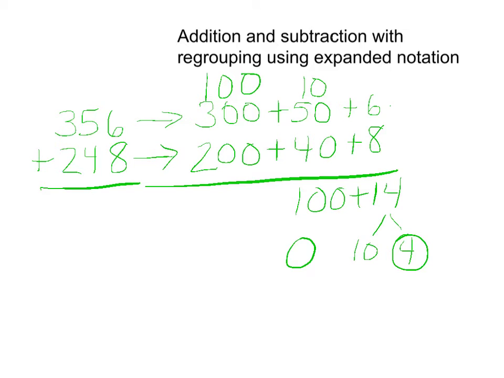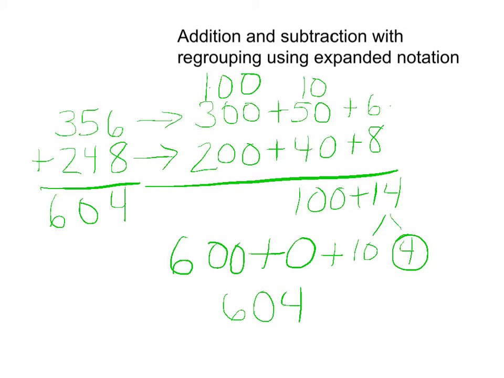We now have 300 plus 200 is 500, and the 100 that we regrouped is 600. So now we should be able to find our sum. If we look, we have 600, 0 tens, and 4 ones. So the sum would be 604.